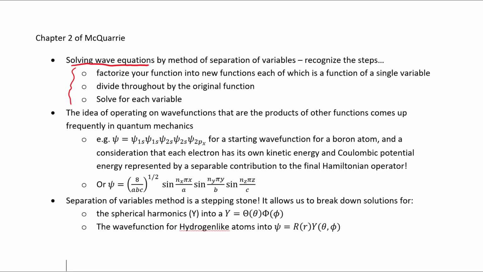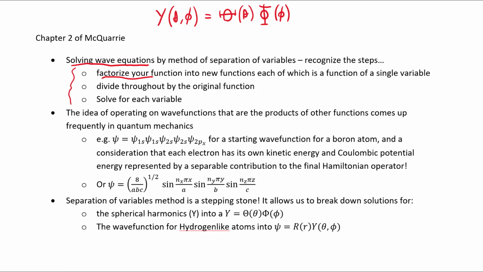Many times we're going to find, for example, a function Y that ends up being a function of theta and phi. We see this later when we're dealing with the rigid rotator. We break that down into a so-called theta function, which is only a function of theta, and a capital Phi function, which is only a function of phi. So this general idea is introduced in chapter 2.